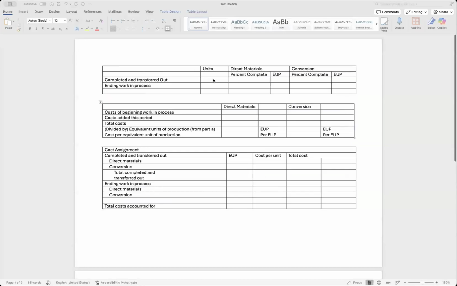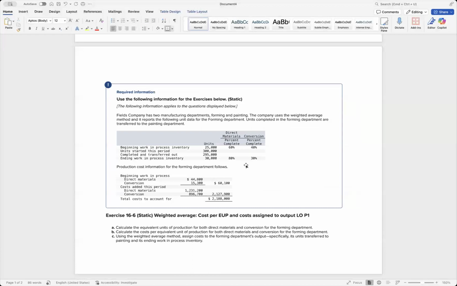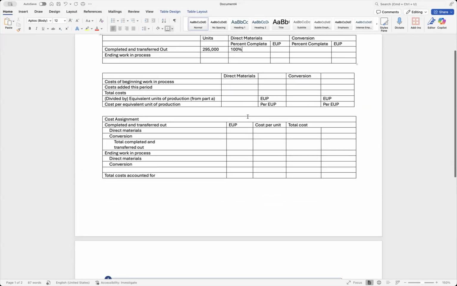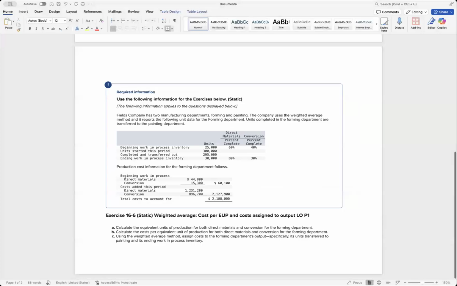So up here, I'm going to put 295 for my units. In terms of my direct materials, 100% of my direct materials were added, okay? And so my equivalent units here are going to be 295. In terms of my conversion costs now, again, my completed and transferred out, 295.